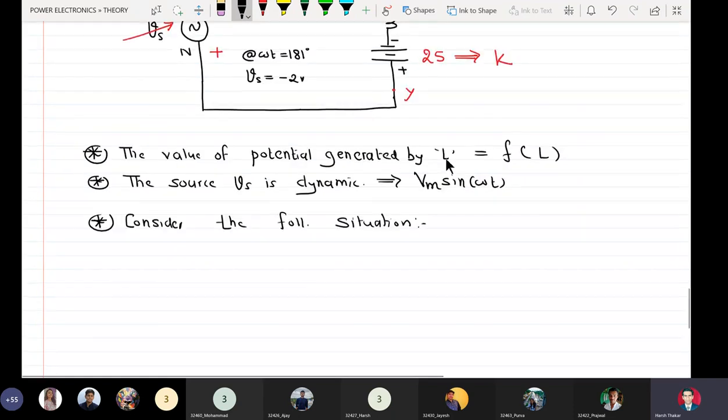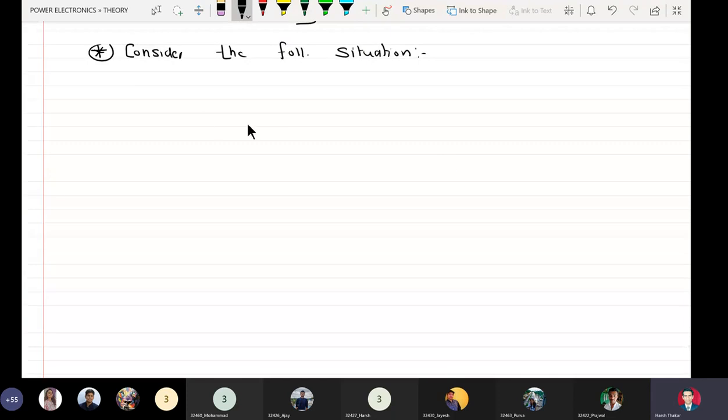Okay, now I'm removing the diode from the circuit and in a dynamic situation, right? So I have this diode here. I have anode here.